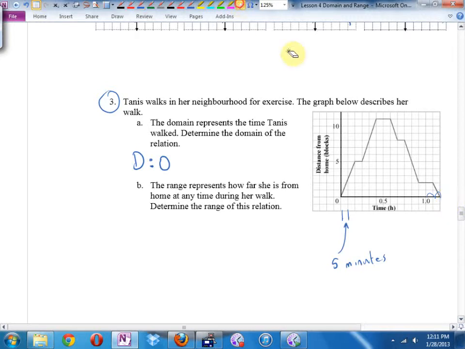Yes? They said time in hours, so we'll go. What does it say in the back? Minutes or hours in the answer? I'm not that fond of this question because there's kind of weird units. 1 hour 10 minutes. That's what it says.